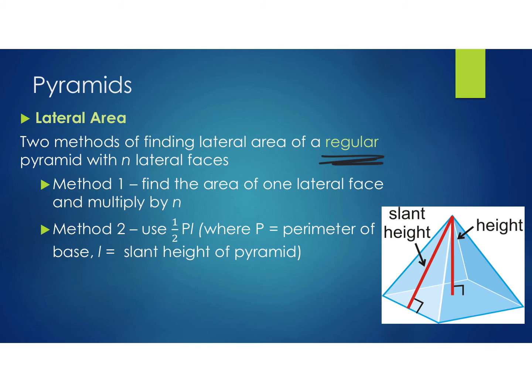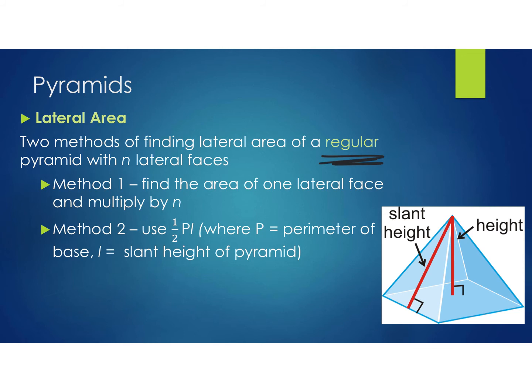So in the case when there's 4 triangles up there at the top, it has to be a square base. If it's an equilateral triangle as a base, then you can use these formulas. If it's a rectangle base, then we would just have to find all of the faces separately and add them up. And we're going to do that on the last example.